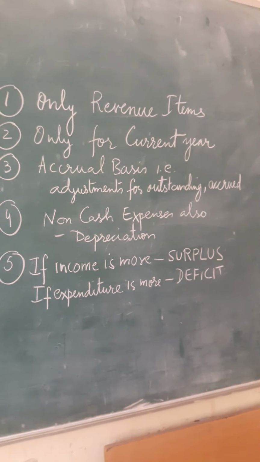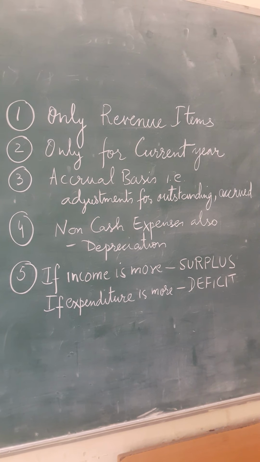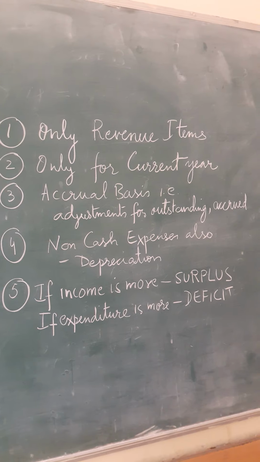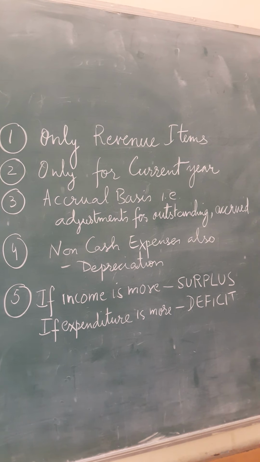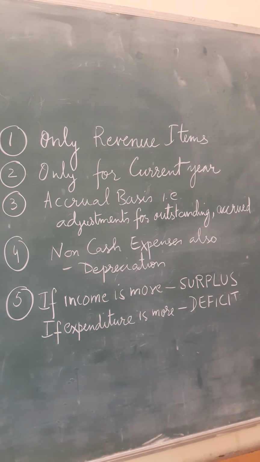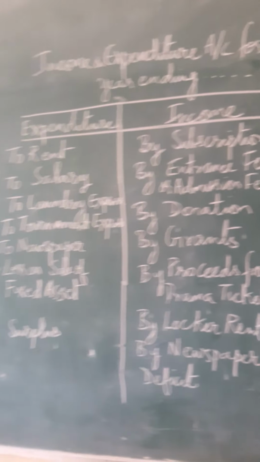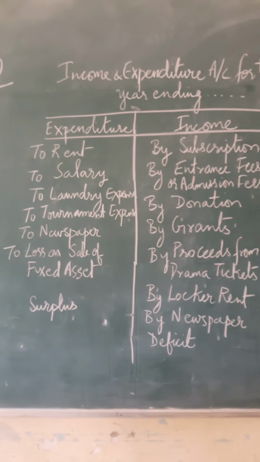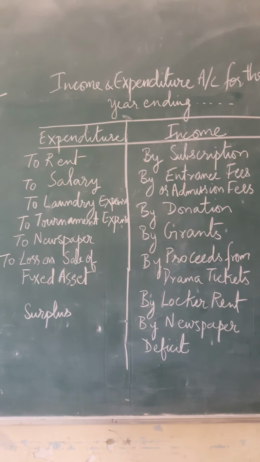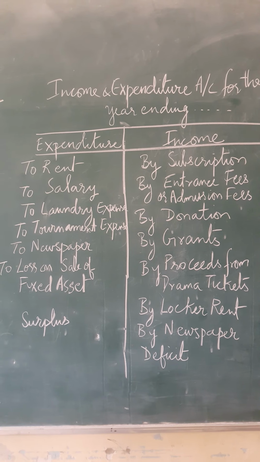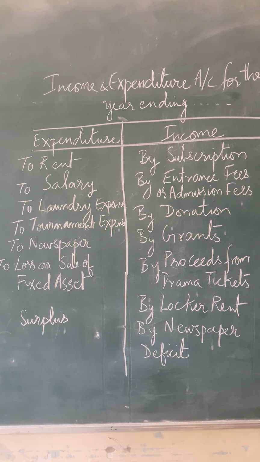These are important features, and I want all of you to go through these features again to have a better understanding. So the last one you can see, if income is more, surplus; if expenditure is more, deficit. I have shown both surplus and deficit. Surplus will come on the debit side and deficit will come on the credit side. We can't have both of them together.